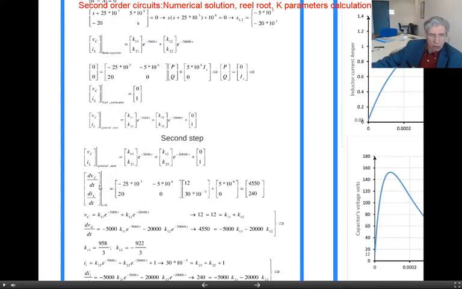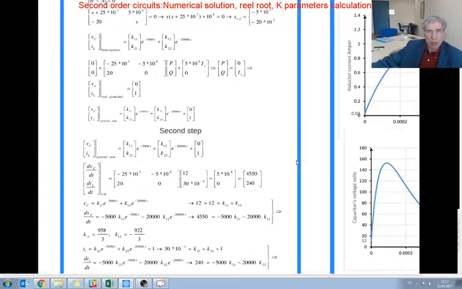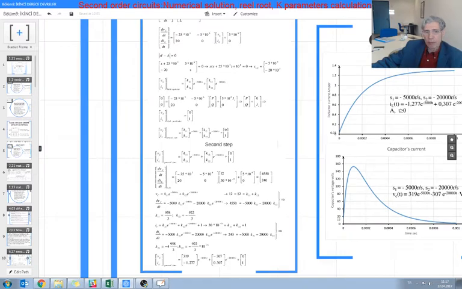It has been calculated here: voltage derivative initial condition 4550 and 240. So escape, come to this.